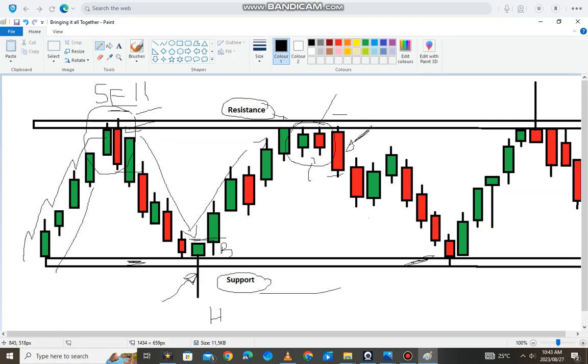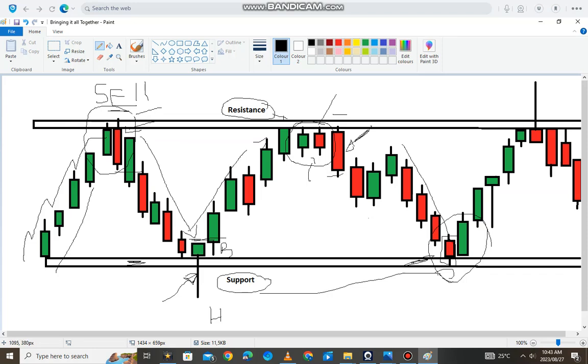When we get to an area of support here, we can see another pattern. What is this pattern here, traders? If you said bullish engulfer, then you are correct. This is a bullish engulfer because this big fat green candle engulfs this mini red candle here, which means it's canceling all this behavior.